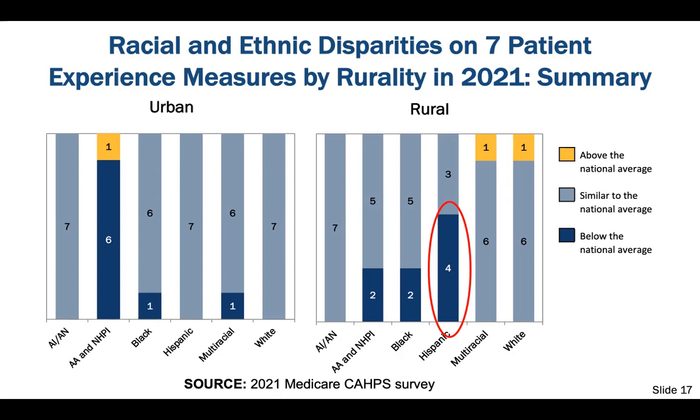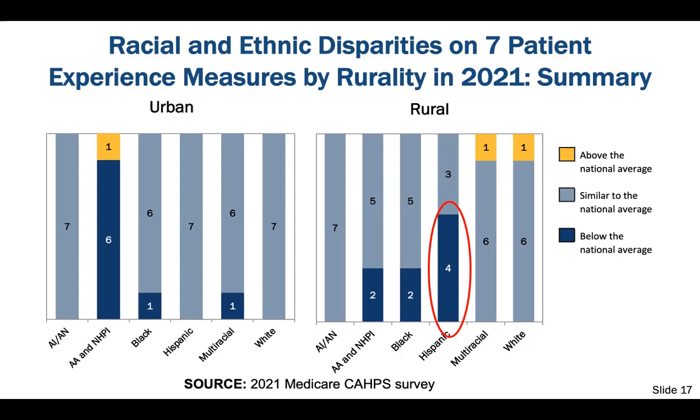Here, the first graph on the left is comparing each racial and ethnic group among female members of plans to the national average for all female MA enrollees. And then the one on the right, same thing for male MA enrollees.